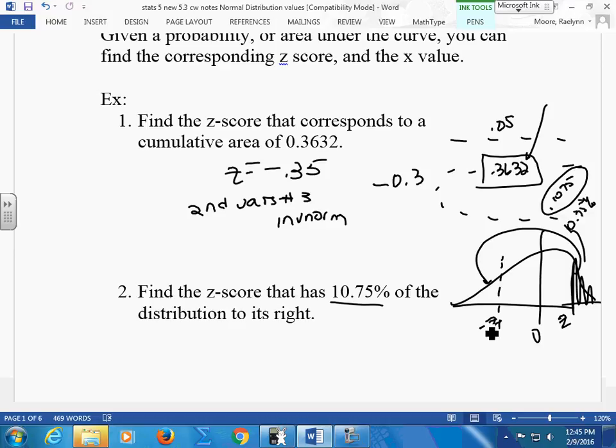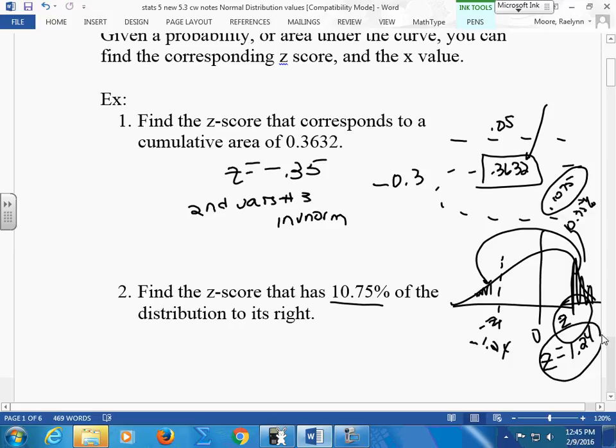You're going to have to look at your table. And you're going to tell me what your z-score is. Negative 1.24. Good. So therefore, if I'm looking for this guy with the same area to the right, what would my z-score be? 1.24.